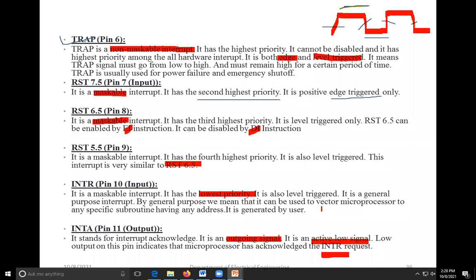For that purpose the 8085 gives an acknowledgement to the peripheral device: yes, you are sending the interrupt, and I am working on that interrupt. So this acknowledgement is very important when someone gives an interrupt to the 8085.